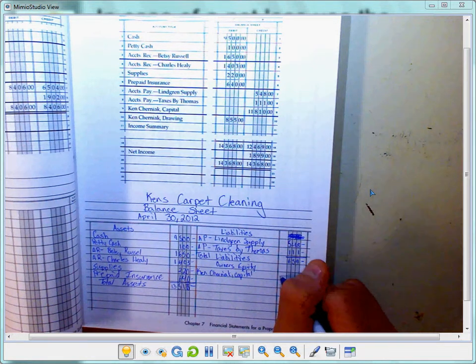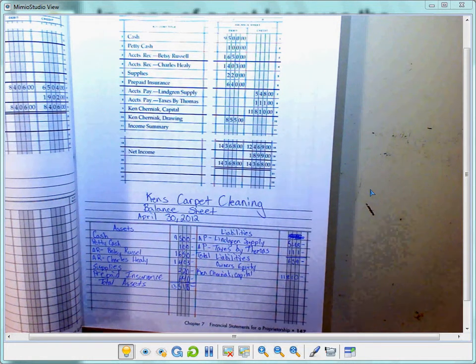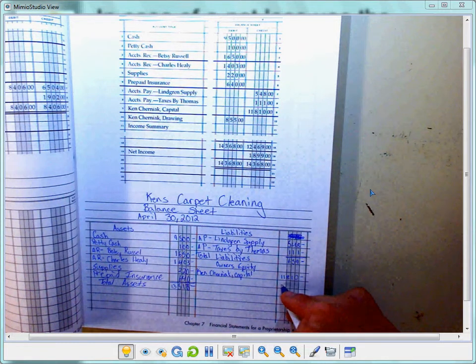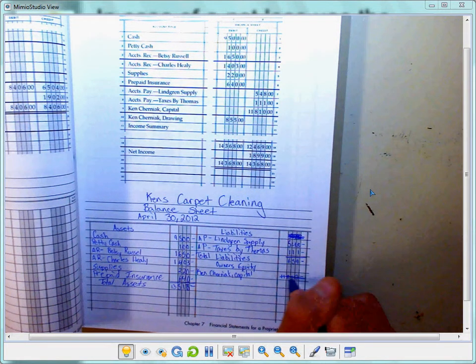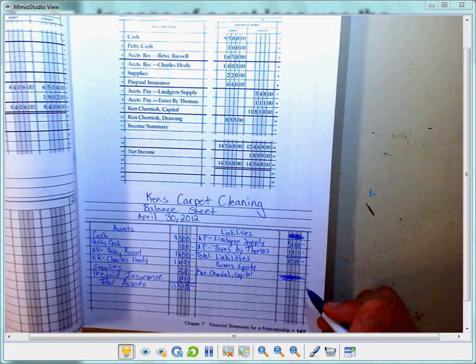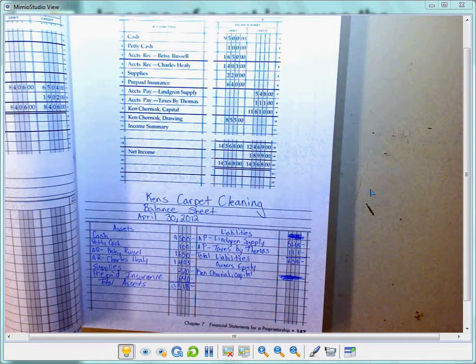Then, do we just bring that number down? No. Remember, this is what we have our special formula for. What's our formula? Capital plus the net income.